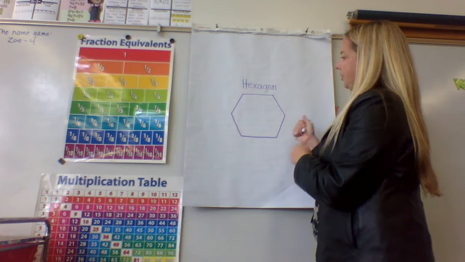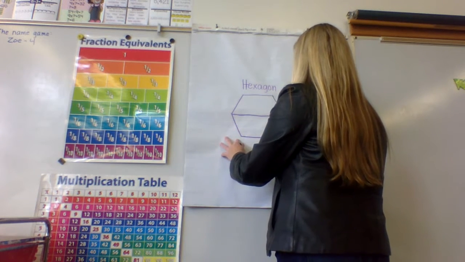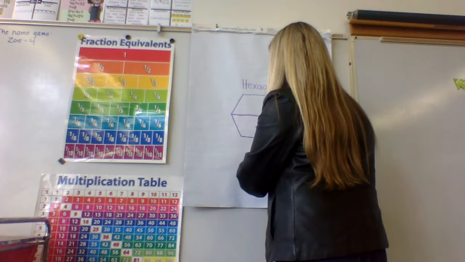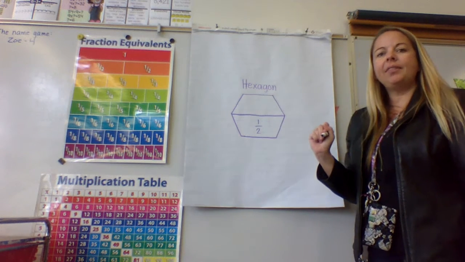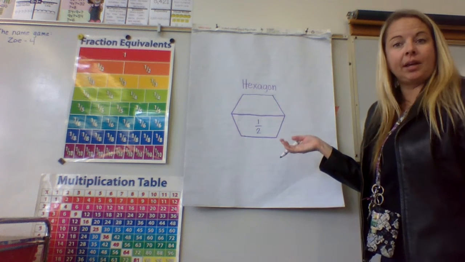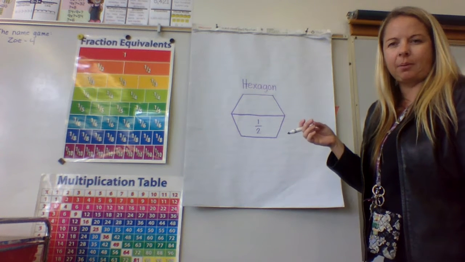So I can get a little bit creative on this. I am going to put my trapezoid down here. So I'm going to label this as 1/2. And then the top, I don't want to use another 1/2. I can, and you can on your worksheet on one of your hexagons, but I want to show you how to mix it up a little bit.